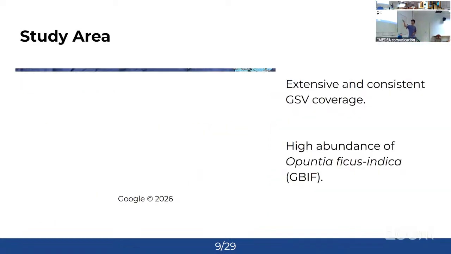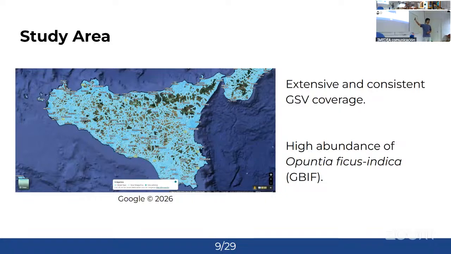Then, the study area is Sicily. We downloaded 16,000 images from Google Street View on this island. We chose Sicily because it has extensive and consistent Google Street View coverage, and because of the abundance of this species in Sicily, according to data from the GBIF.